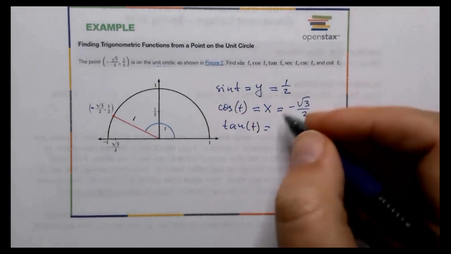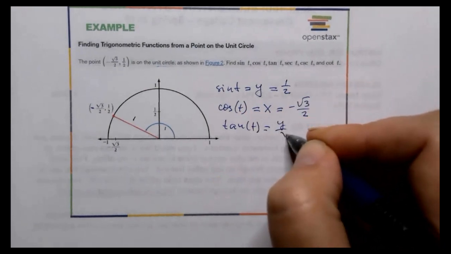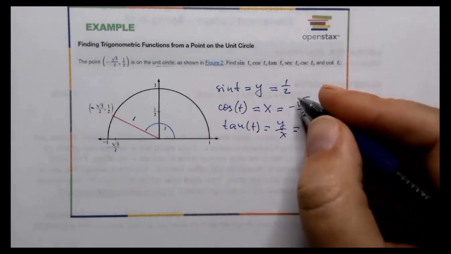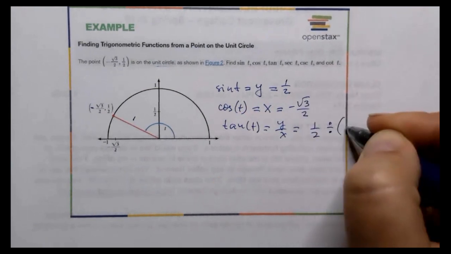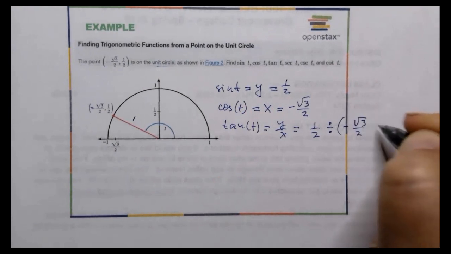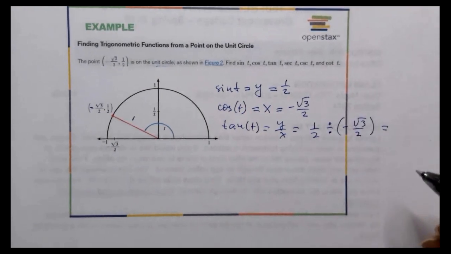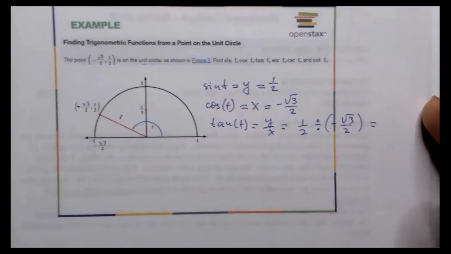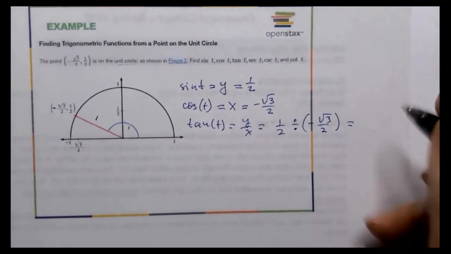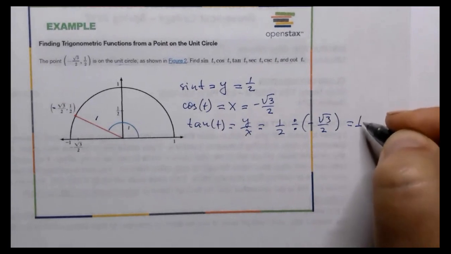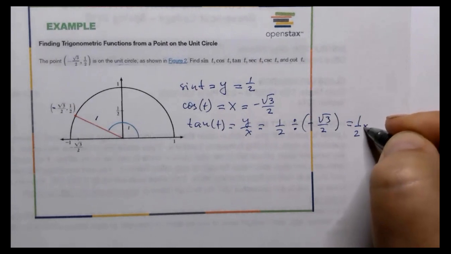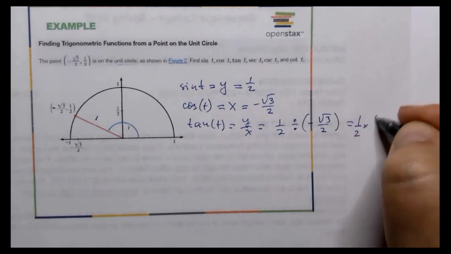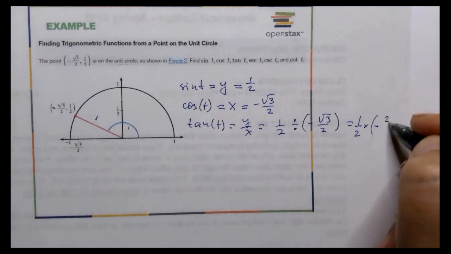The tangent is y divided by x, so that's 1/2 divided by negative root of 3 over 2. If you recall how we divide fractions, we turn it into multiplication: keep the first one, switch the division into multiplication, and flip the second one. So negative 2 over root of 3.